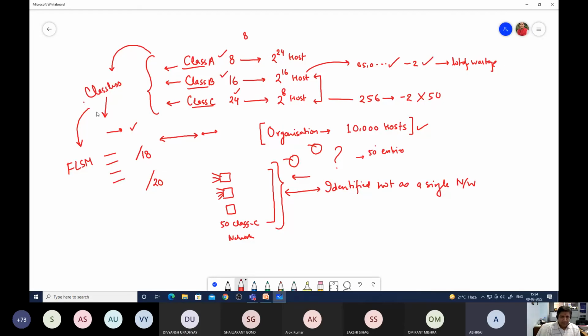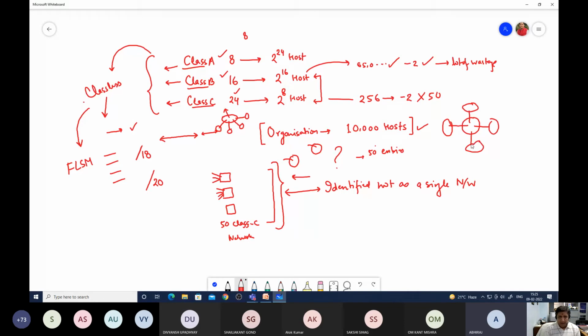When we have classless, different networks can get connected through a router with variable sizes, and this router is going to have different subnets for different networks. In the case study we saw in our previous class, there were 4 networks and all were of the same size, so every network had the same subnet mask.